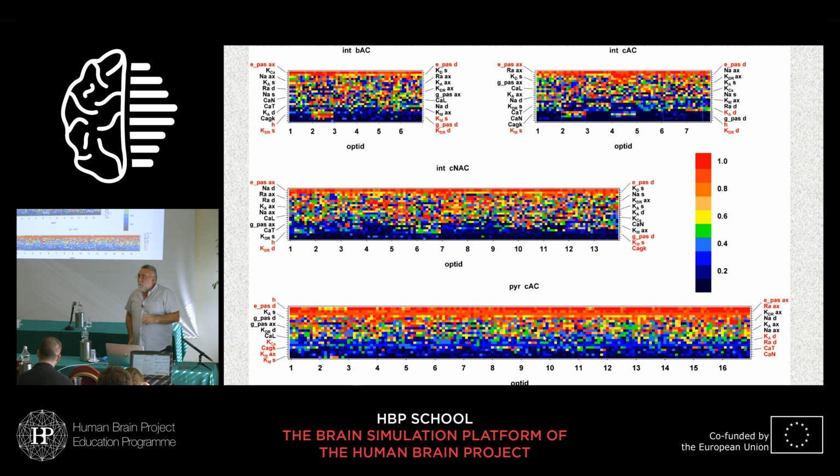Okay? What does this mean? This means that there are some active properties of the neuron that must be constant. They cannot be changed. Otherwise, the neuron is not consistent anymore with experimental data. In this case, it is the Km, either in the axon or in the soma, the IH, or the passive properties.